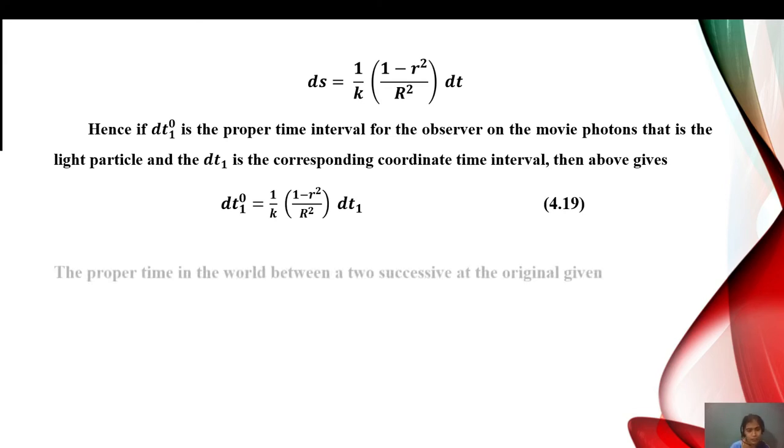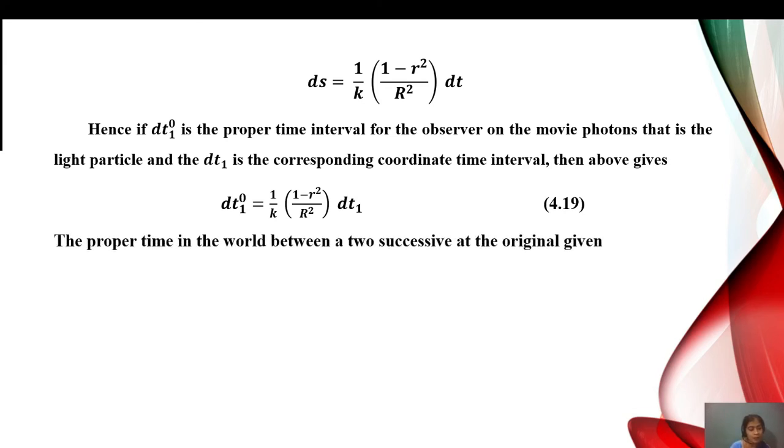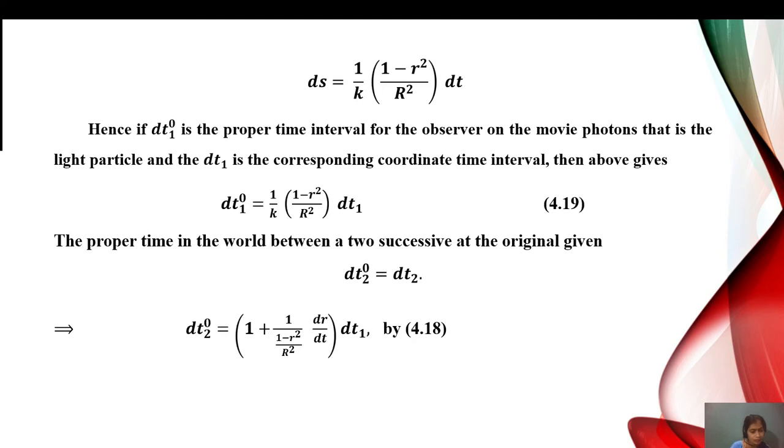The proper time between two successive events at the origin, dt2, is given as 1 plus 1 upon 1 minus r square upon capital R square dr upon dt1. Then we put in the dt1 value into the equation: 1 plus 1 upon 1 minus r square upon capital R square dr upon dt, k dt1, upon 1 minus r square upon capital R square.